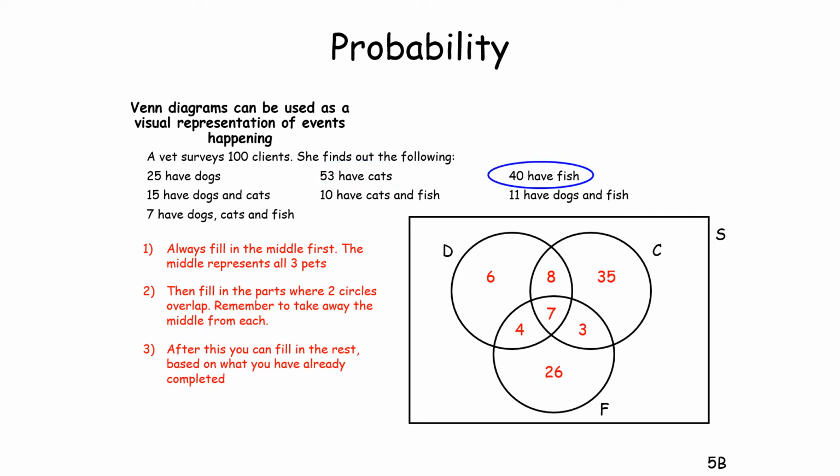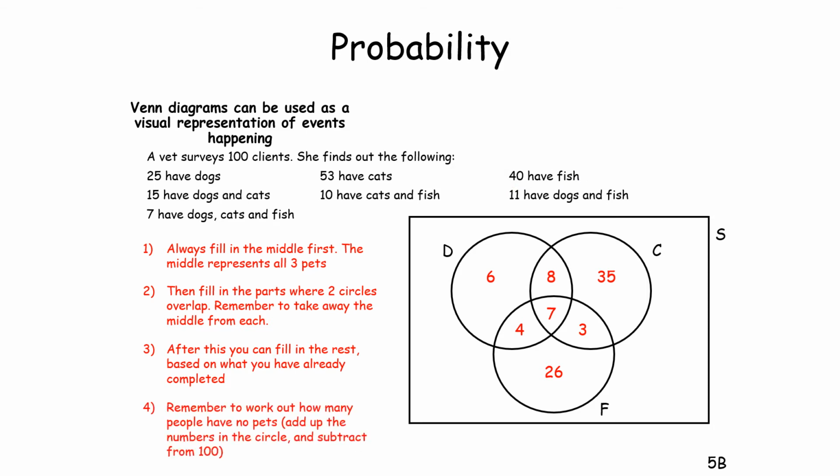And same for fish, if you add up 4, 7 and 3 and take that away from 40, we'll have 26 there. So now remember to work out how many people have no pets. We asked 100 clients, so you add up dogs, cats and fish and take that away from 100, so that'll be 11 people.